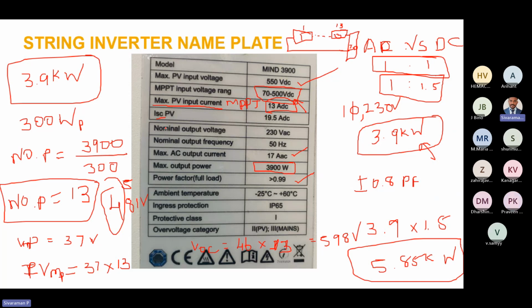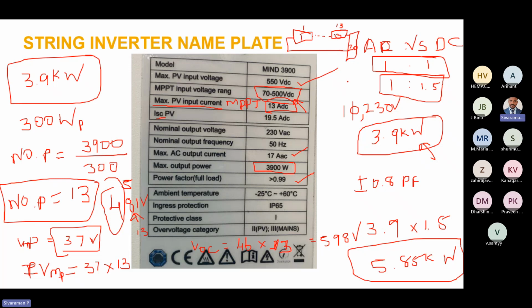When you are adding solar PV panels in series, voltage gets added and current remains the same. So the 37 V VMP of a panel becomes 481 V when we add 13 panels in series.